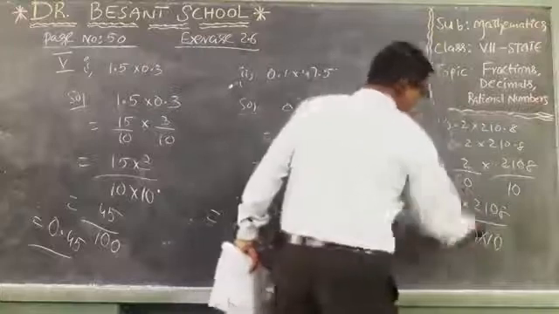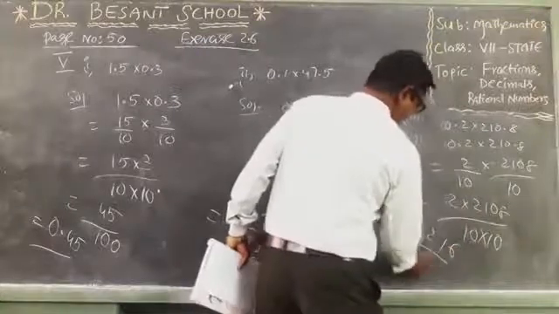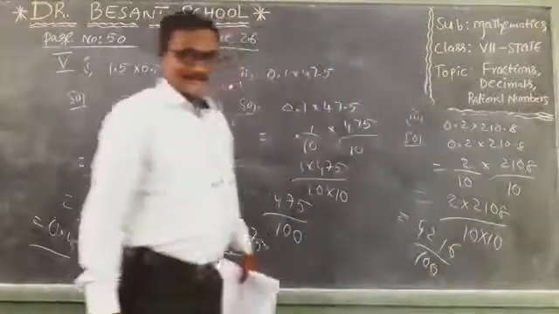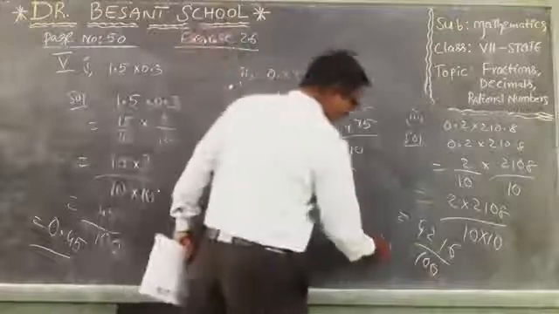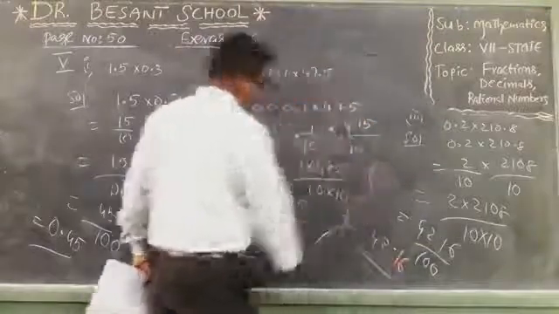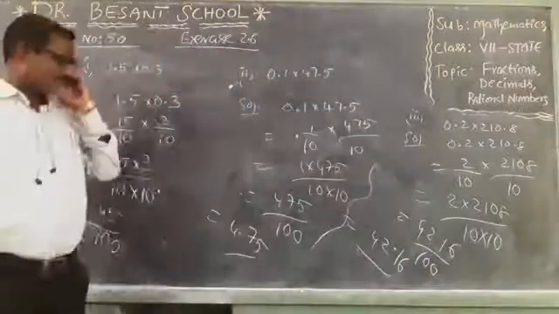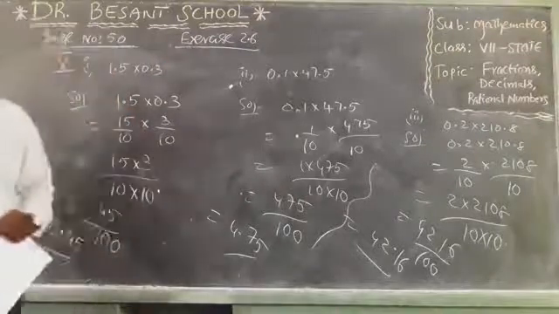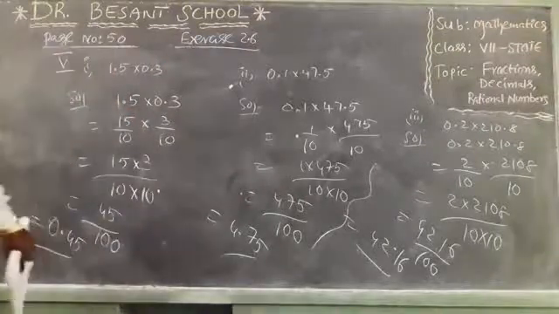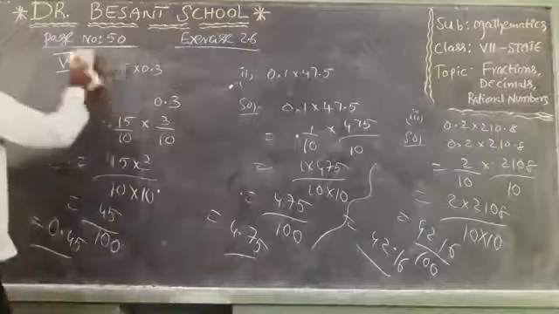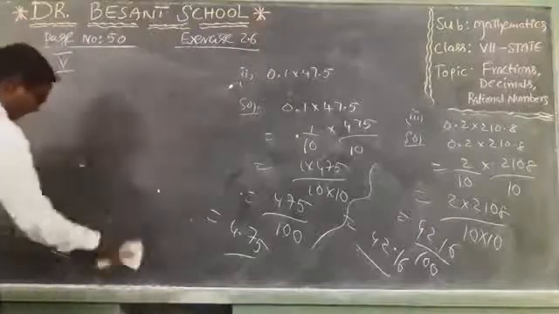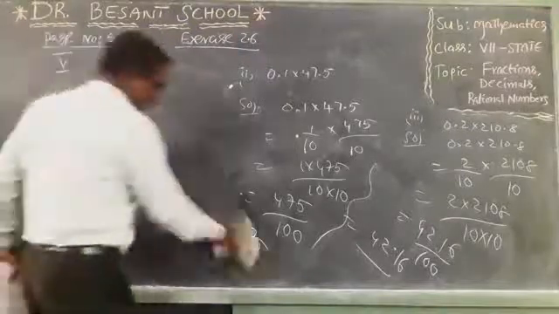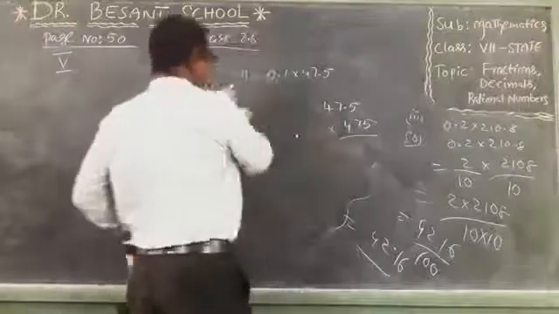So this is 2 8s are 16, 2 1s are 2, 2 2s are 4, by 10 10s are 100. So in 100, 2 zeros are there, it comes as 42.16. Did you understand, children, all these problems, how we have simplified without normal multiplication?